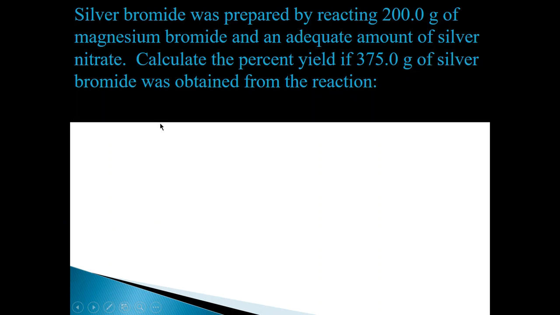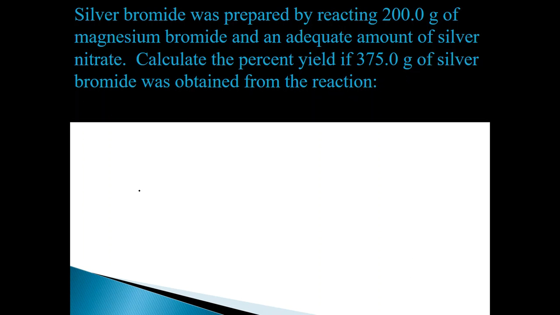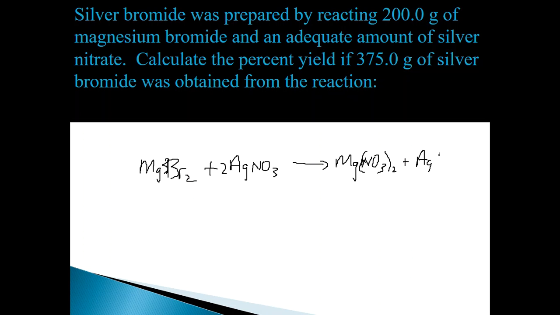The equation is MgBr2 plus 2 AgNO3, and the products would be Mg(NO3)2 plus 2 AgBr. So that's a balanced equation, right?